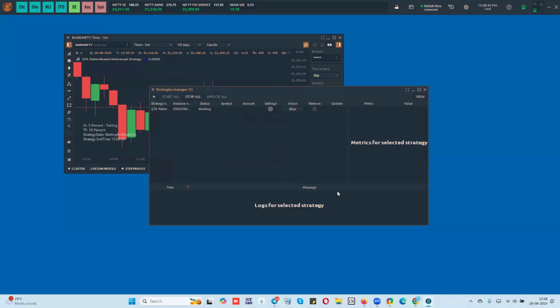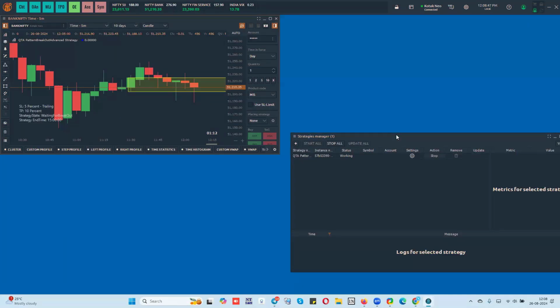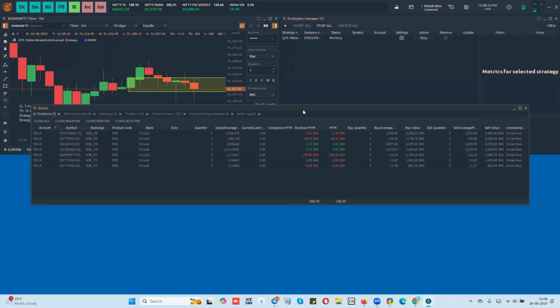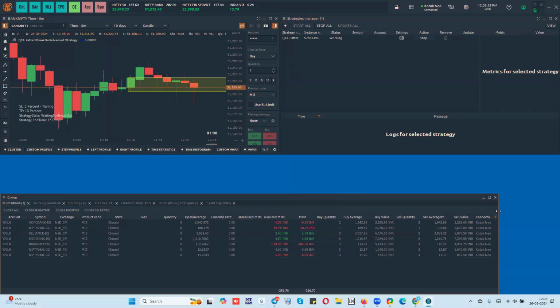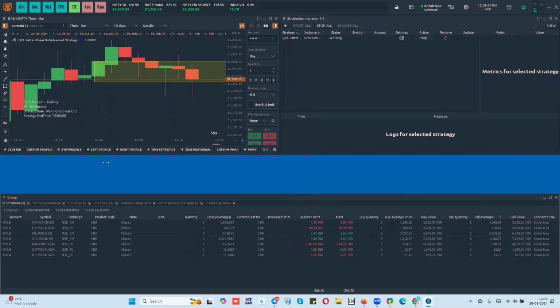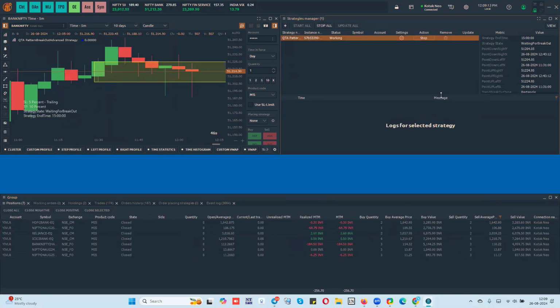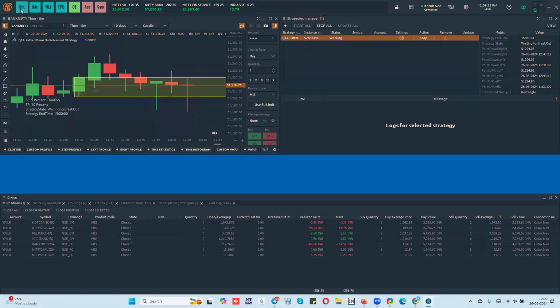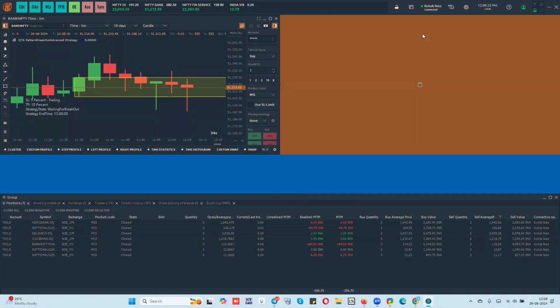I'm selecting the range breakout here, and also add the strategy manager side by side. And let's wait for the trade to trigger on either direction.